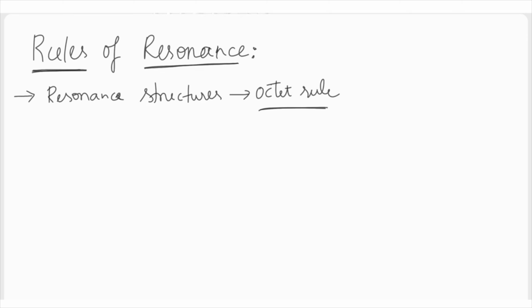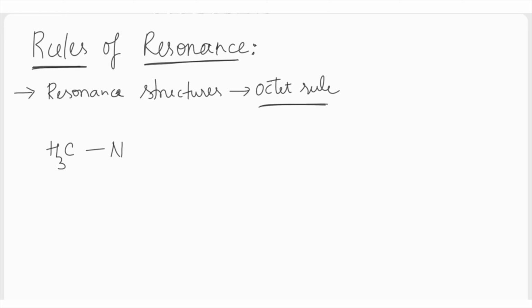For example, consider methyl nitrate, CH3NO2, with a double bond between N and O. If we write it in the neutral form, we write a coordinate covalent bond, but since we need to look at the Lewis structures, we do not write the coordinate covalent bond; we just write the charges on both the nitrogen and oxygen.